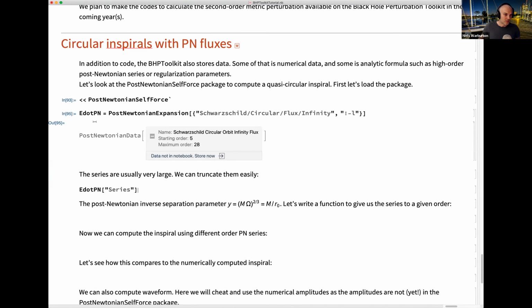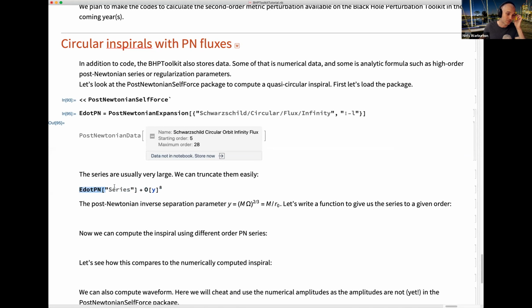So once you have this post-Newtonian data object, you could ask it for various things. I'll show you later a couple of other things you can query it for, but probably the most useful thing you want is actually the series. Now, if you just press Shift Enter on this, it'll try and print out the whole series, which is vast in scale. But you can truncate the series at any order you want by adding Mathematica's big O notation.